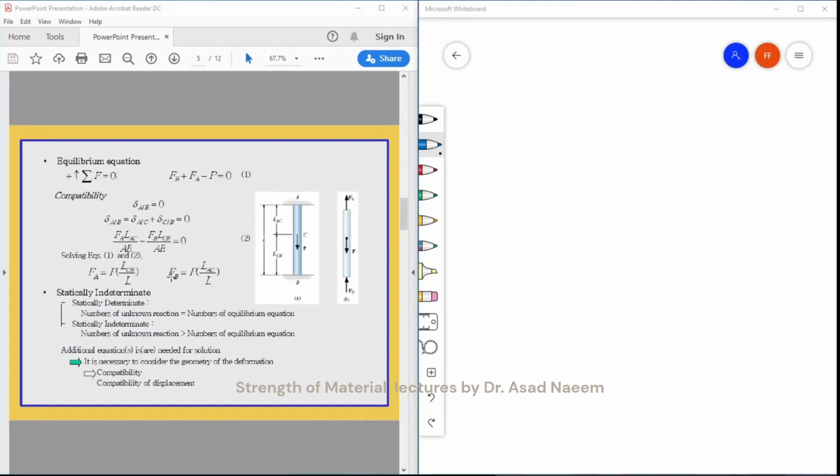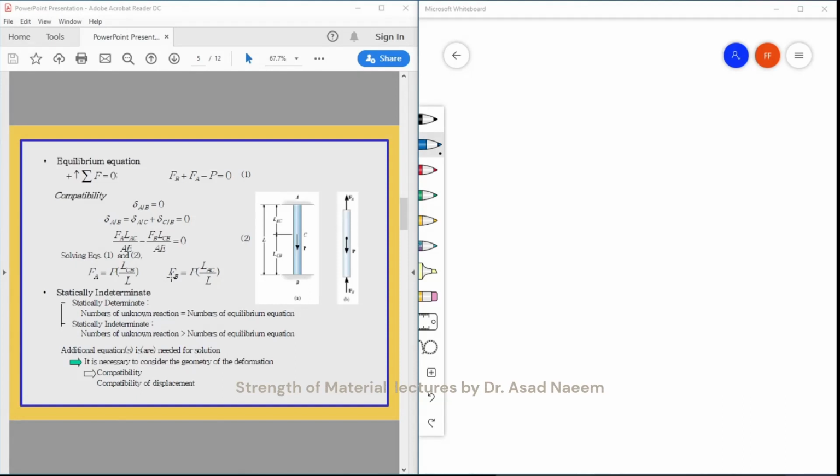which looks at the geometry of any body or structure, whichever member it is. We will take its geometry, and we will see whether it is deforming or whether there is a kind of deflection in that member, and then we will also develop the equations using these deformations.